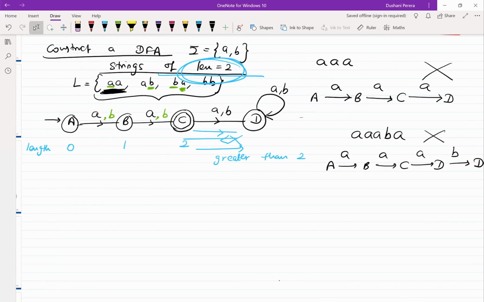Got it? So this is the DFA which will accept strings of length 2 defined over sigma A B.